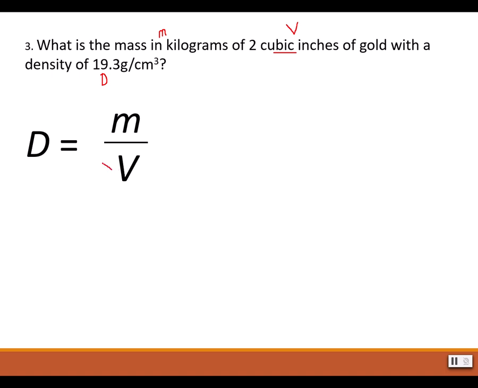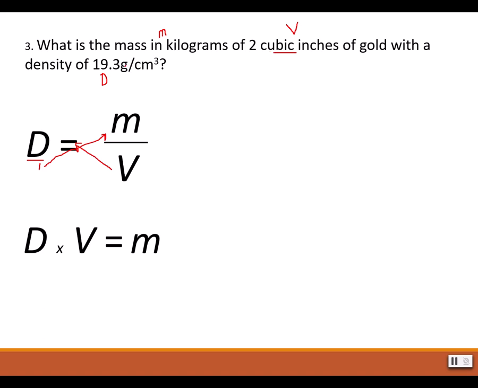And remembering your algebra rules, remembering you can cross multiply. You think about density as being over 1. If you cross multiply, you can rearrange this equation to solve for M. So density times volume is going to be equal to the mass. But before we start plugging things in, I need to make sure my units are going to cancel appropriately.